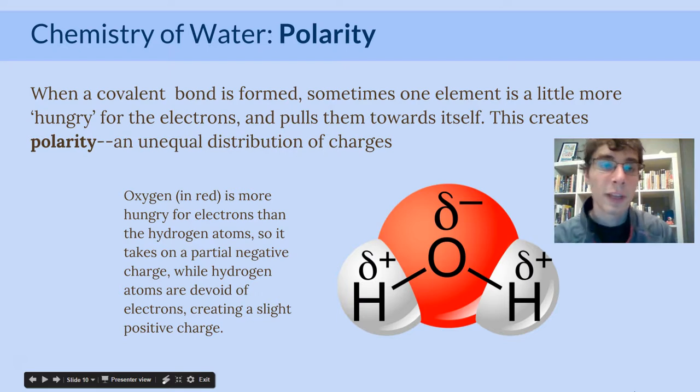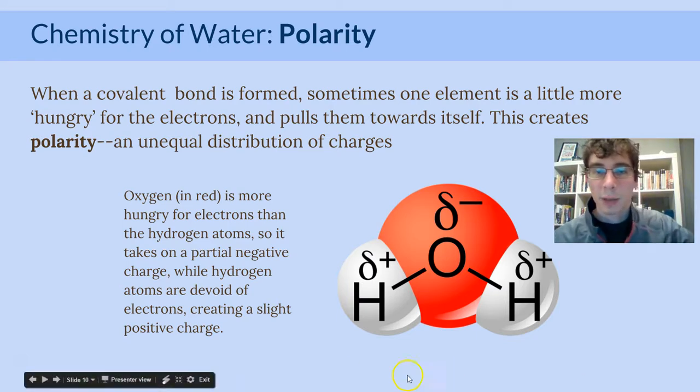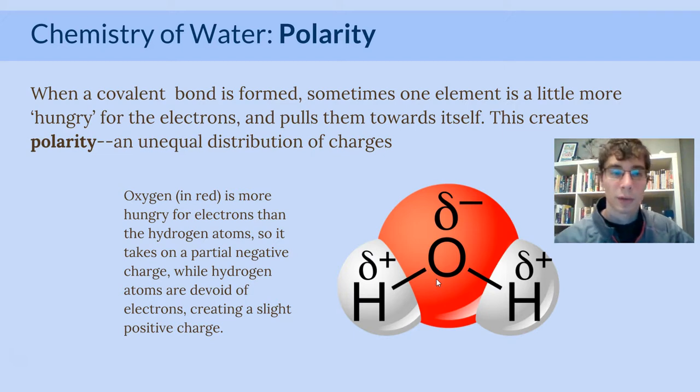So when covalent bonds are formed, sometimes one element is a little bit more hungry for the electrons than the other, and it will pull the electrons a little bit more towards itself, or the electrons might be more likely to be found around it. It creates something we call polarity, which is an unequal distribution of charge. And these little symbols that I mentioned above our elements right here, this delta minus, delta plus, those indicate a partial negative or partial positive charge.